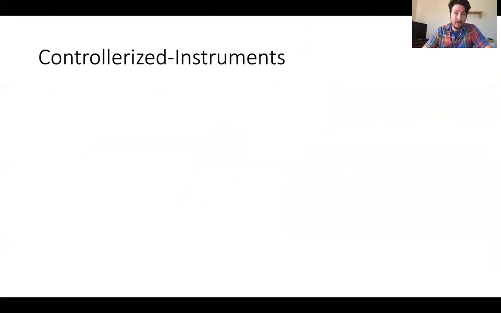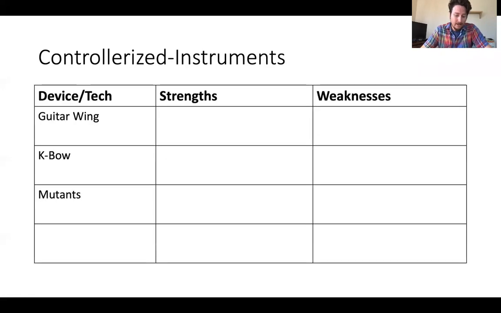All right, so let's get into the strengths and weaknesses of these sorts of things. So guitar wing, the strength is you're not modifying your instrument; I would say it's a temporary modification. You have really discrete controls where you are doing something that is absolutely unique to what you're doing.